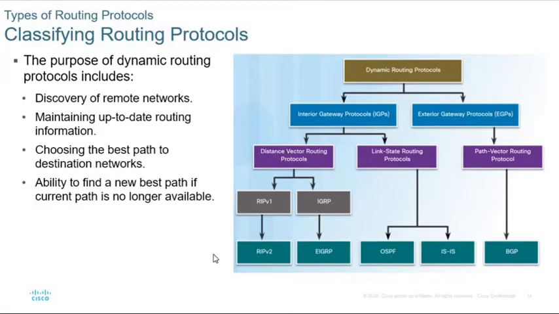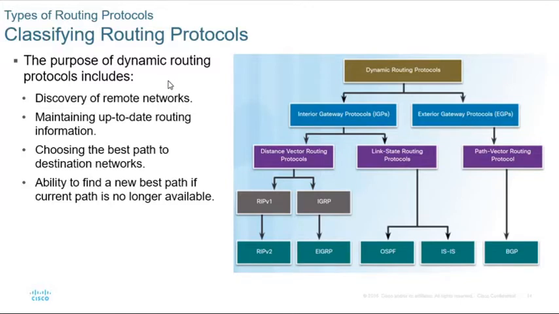Okay, so let's start off with taking a look at the different classifications of routing protocols. As I've said a while ago, dynamic routing protocols are used to facilitate the exchange of routing information between routers.